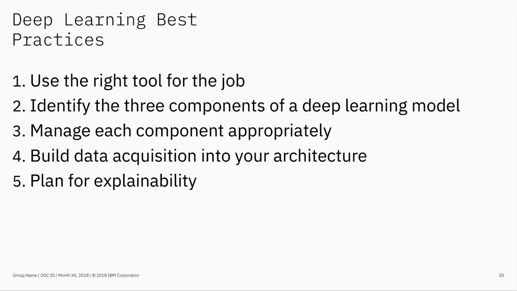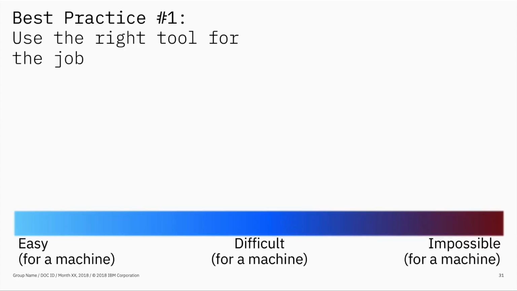Let's start with that first one, using the right tool for the job. And this best practice centers around not what framework should you use for deep learning, but should you use deep learning for a particular AI task. Now, if you take all of the problems that you might solve with AI in the enterprise, and you imagine ranking all of these problems along a spectrum from the ones that are easiest to most difficult for a computer to solve, easiest for a machine to solve, most difficult for a machine to solve, well, you'll get something like this.